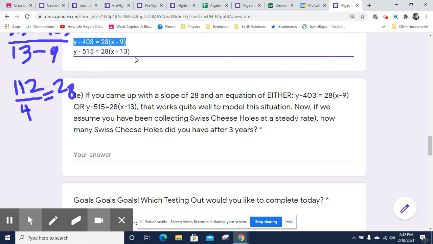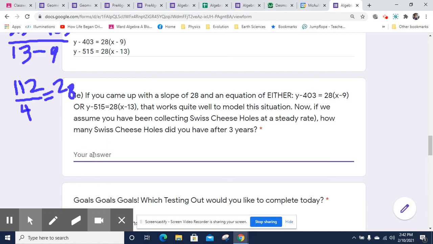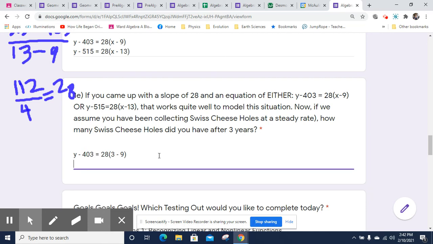Time, number of years, is represented by x, and the number of Swiss cheese holes is represented by y. So we take either one of our equations, and we're just going to replace x with 3. And so now we can just start solving that. That's y minus 403 equals 28 times, well, 3 minus 9 is negative 6.